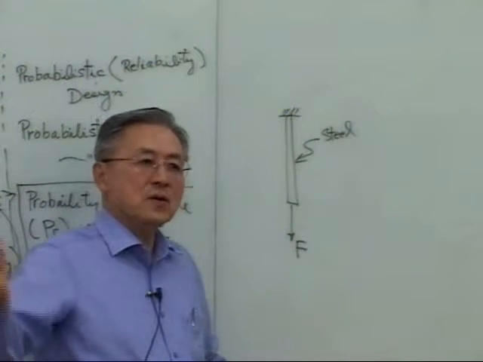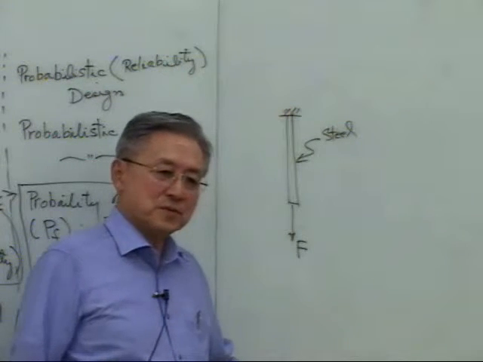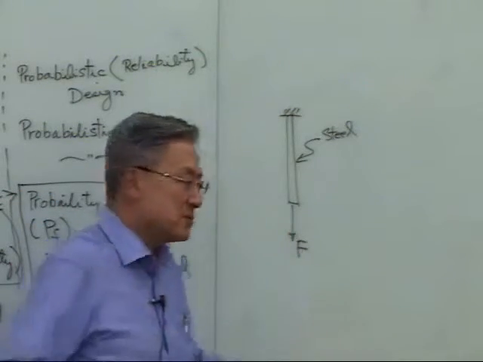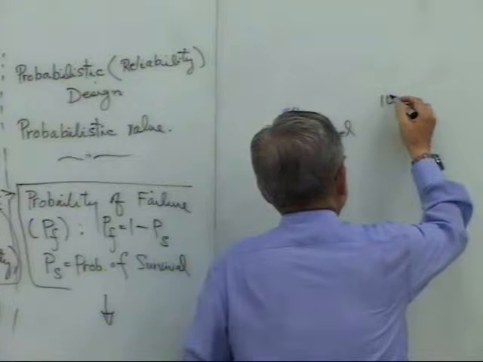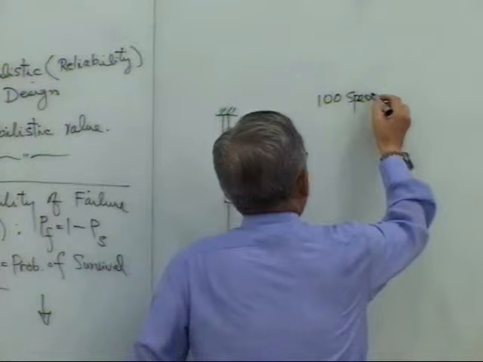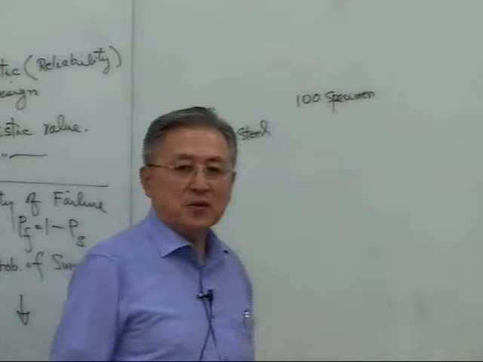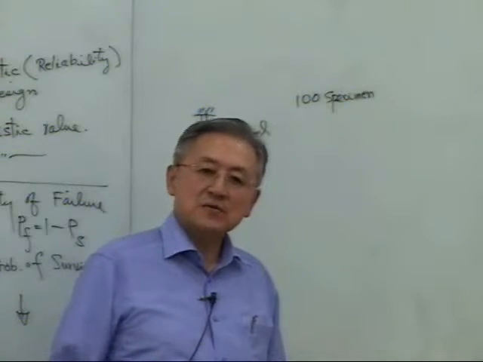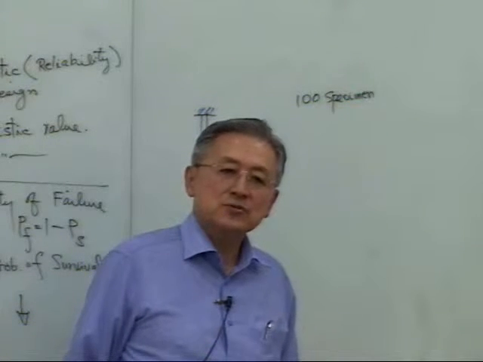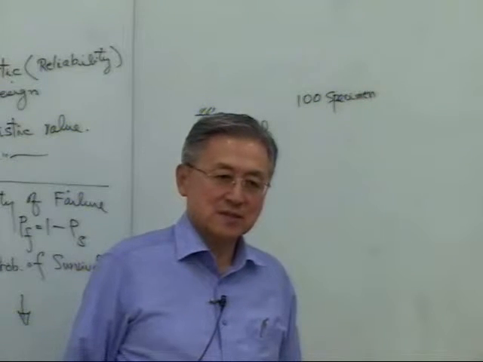And you go to POSCO in Pohang, then get 100 specimens from the steel mill, for example, little specimens. Maybe 1,000 specimens is better than 100 to test out, then get the good probabilistic distribution of, like, yield stress.